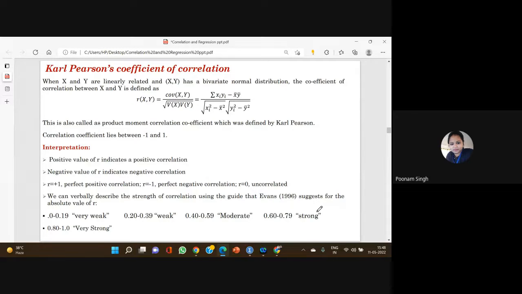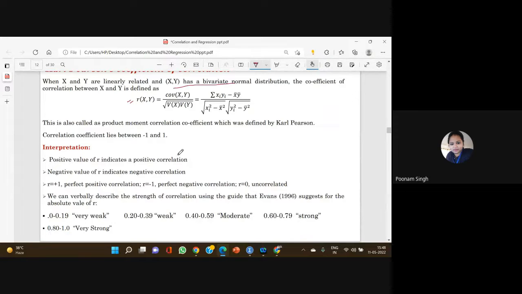Coming on to the Karl Pearson coefficient of correlation. If your x and y are linearly related, and x and y have a bivariate normal distribution, the coefficient of correlation between x and y is defined as, we are quantifying the relationship by calculating the coefficient of correlation, denoted by r_xy, covariance of x and y divided by the square root of variance of x times variance of y.